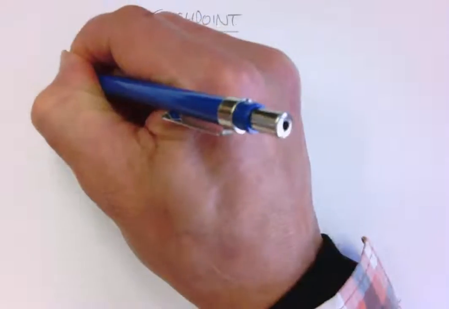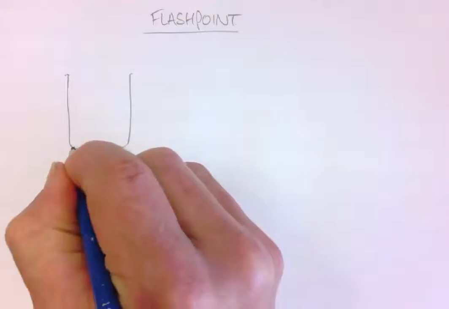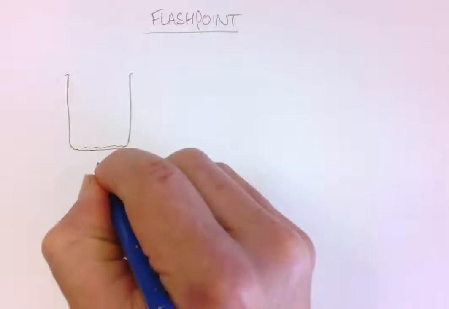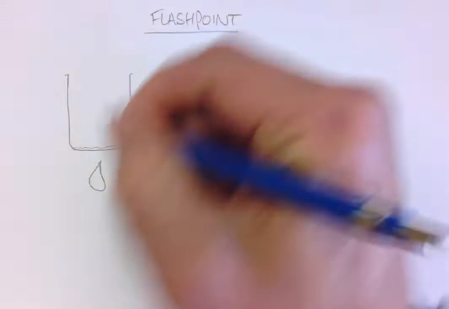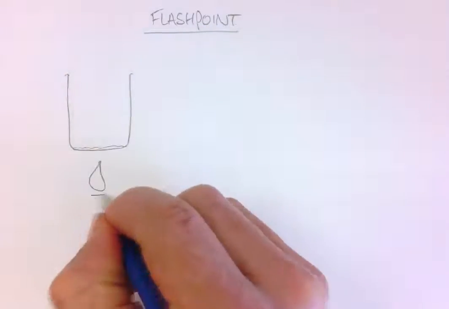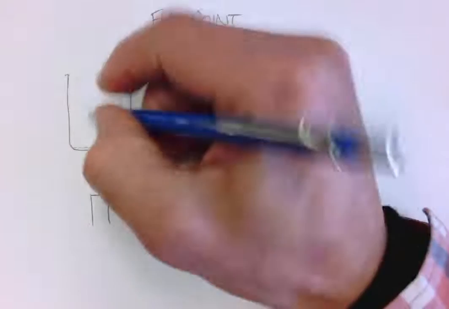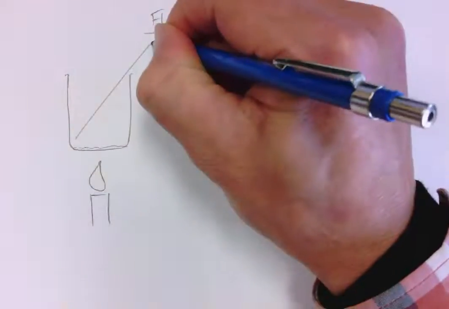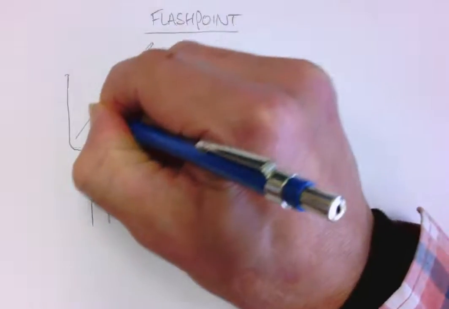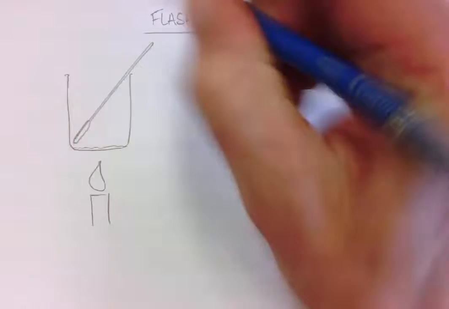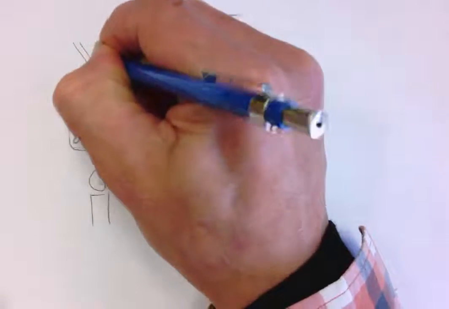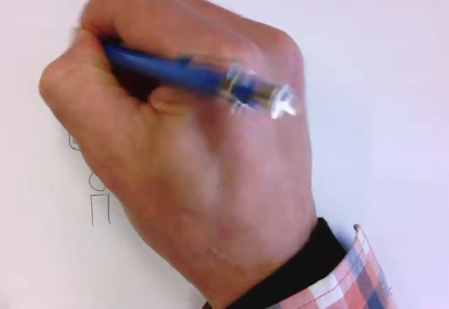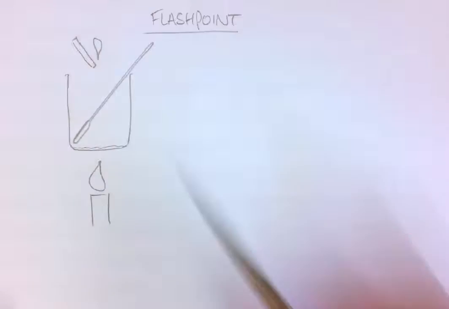We take a beaker, add a small amount of fuel in it, and then we apply a heat source to the bottom of the beaker, and then we take a thermometer and we supply an ignition source.